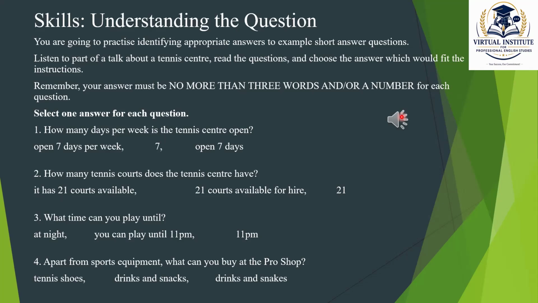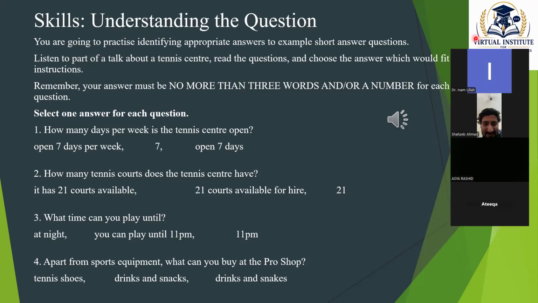Okay. So what are the answers? Shazeb, you should tell me about the answer to question number 1. Sir, in the first question, I think open 7 days per week.